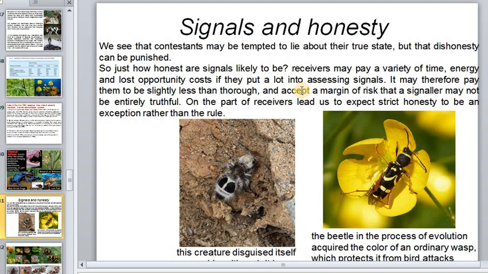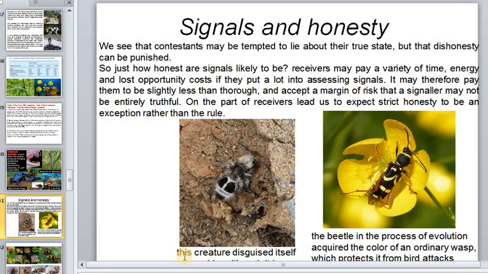Receivers may pay a variety of time, energy and lost opportunity costs if they put a lot into assessing signals. It may therefore pay them to be slightly gullible and accept a margin of risk that a signal may not be true. This leads us to expect honesty to be a tendency rather than a rule.